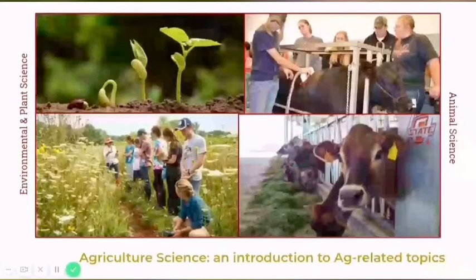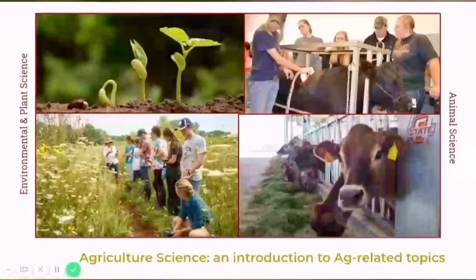In classroom and laboratory learning, students are introduced to a broad array of ag-related topics. This might include plant science, animal science, and environmental science, farm business management, greenhouse management, mechanics, welding, and natural resources, plus so many more.